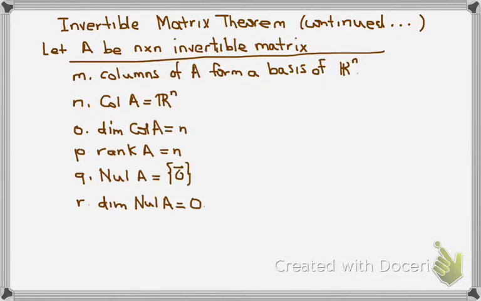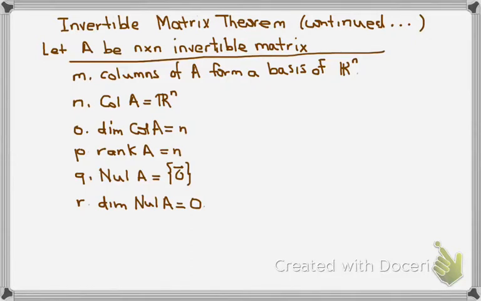Since every column has a pivot, there are n of them. And the rank of A is n. Well, this is just the definition of the dimension of the column space, which is the rank. The next one says the null space of A is equal to the 0 vector. Well, Ax equal to 0 has only the trivial solution if every column of A is a pivot.